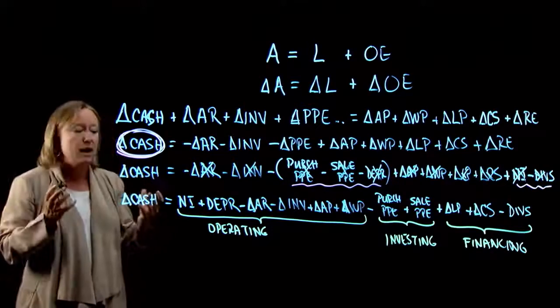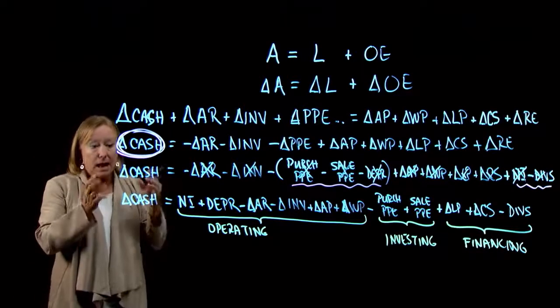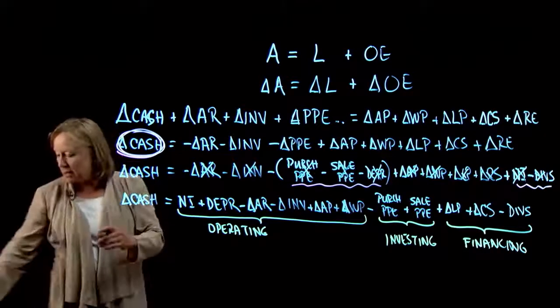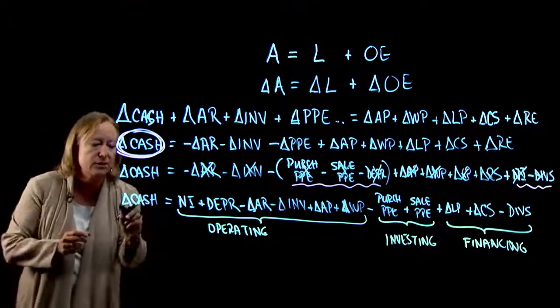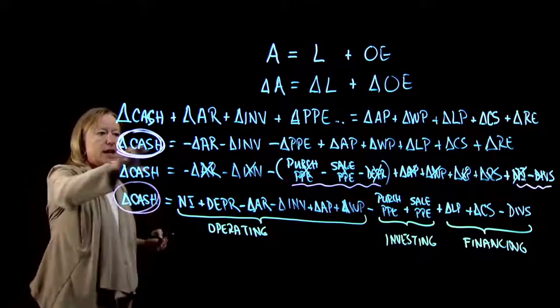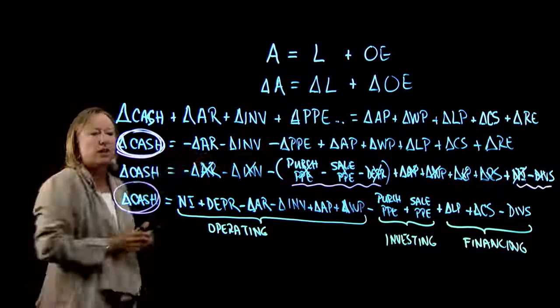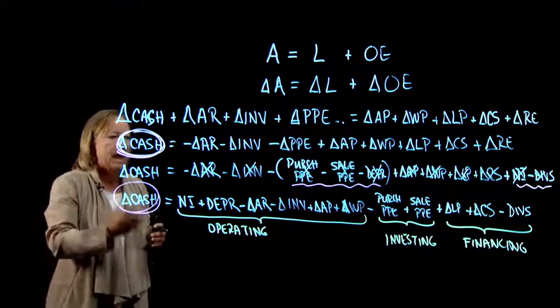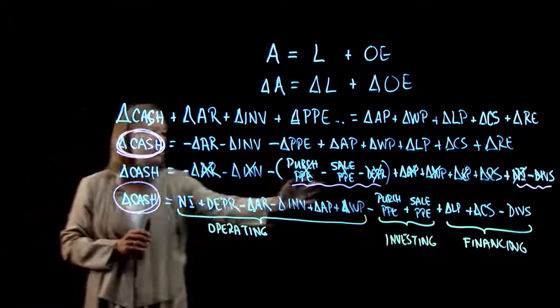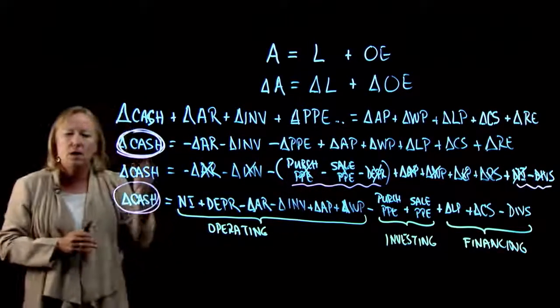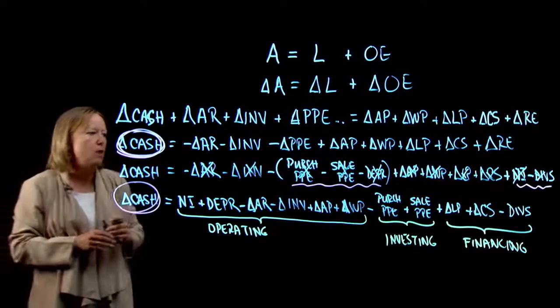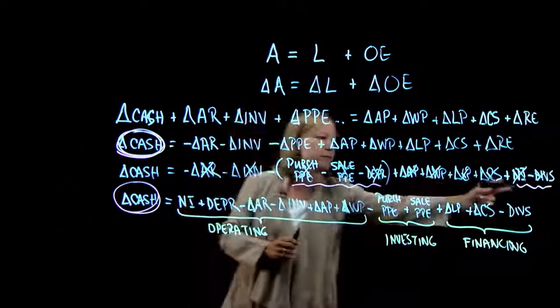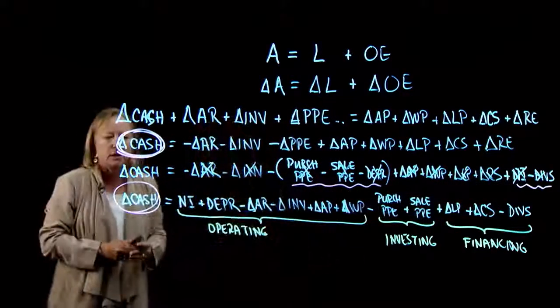So what we've done here is we've been able to take the change in cash, and explain it using the change in every other balance sheet account. And then we added a little additional information. We added some information about what causes PP&E to go up and down, and we added some information about what causes retained earnings to go up and down.